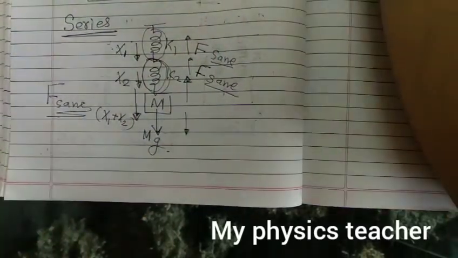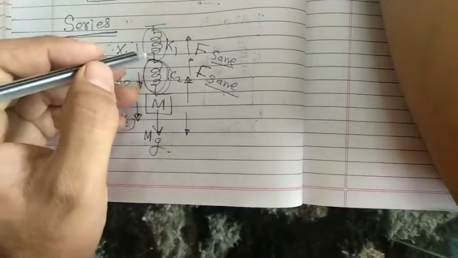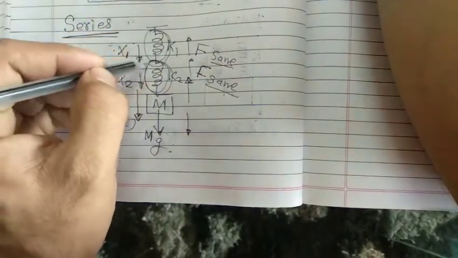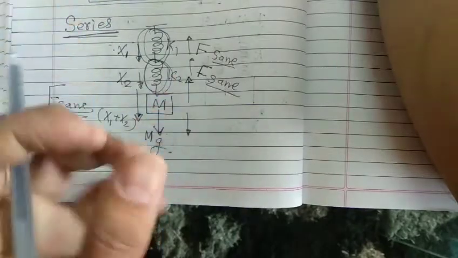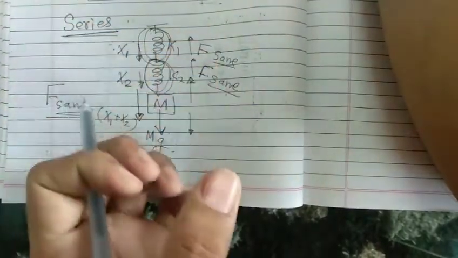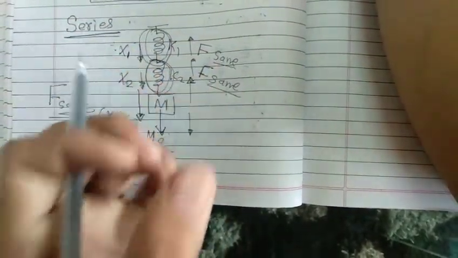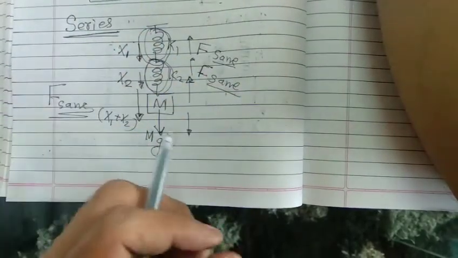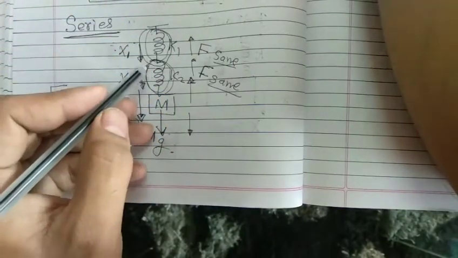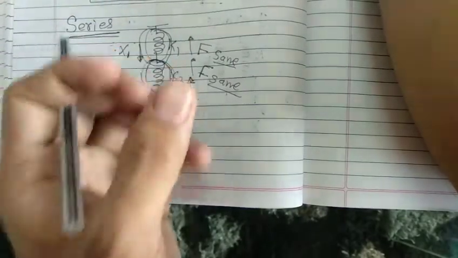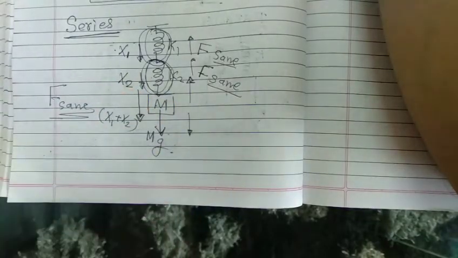Here students often get confused about how this happens. See, imagine the first spring. Just look at the first spring. The downward force that the first spring is experiencing is mg. So the upward force it will produce is also mg, to balance. Similarly, if you look at the second spring, the downward force on the second spring is also mg.